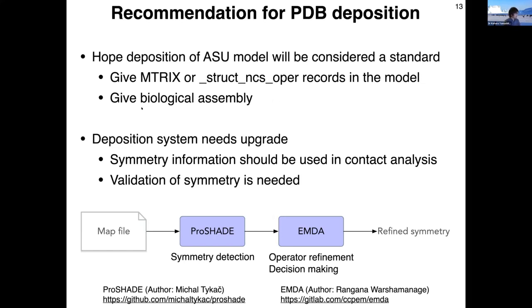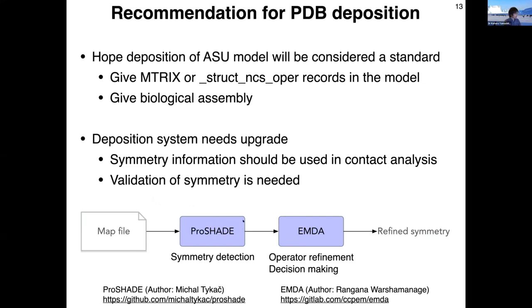And I'd say the deposition system needs an upgrade, because currently the symmetry information is not used in the contact analysis in the model validation, and user-supplied symmetry information is not validated based on the map file. So our group is currently actively working on making tools to validate the symmetry of the map.